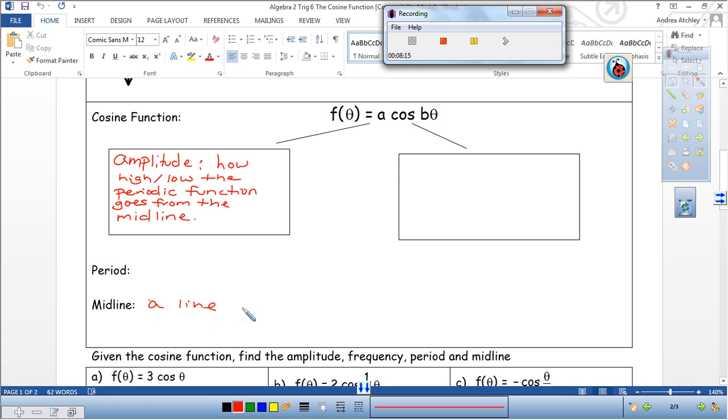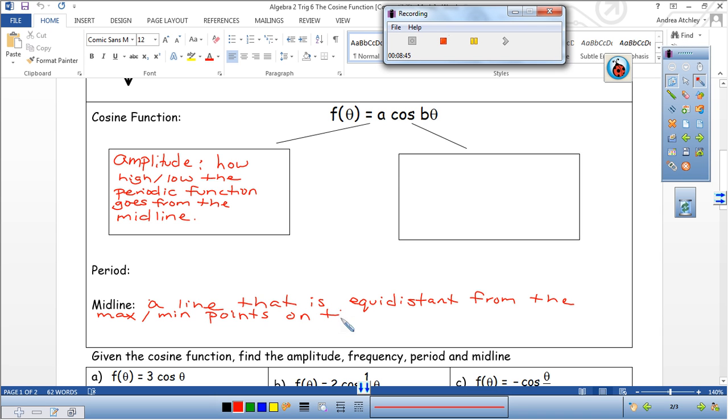The line that is equal distance from the max and min on the periodic function.